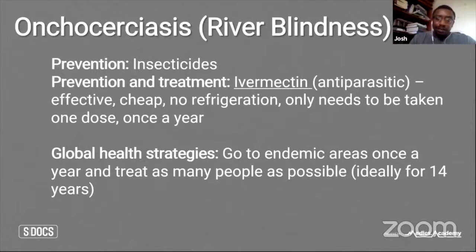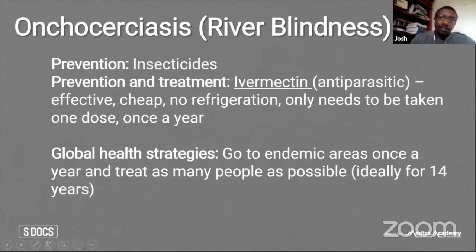They'll do this for 14 years, and at that point, you should know that everyone in that community has been treated for onchocerciasis. But as I understand, most countries will do this for 6 to 8 years, so still several years, and by that point, it tends to be effectively eradicated in communities.